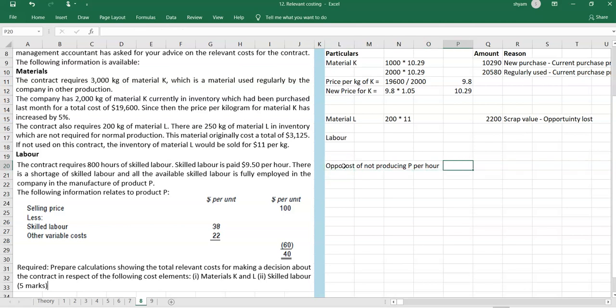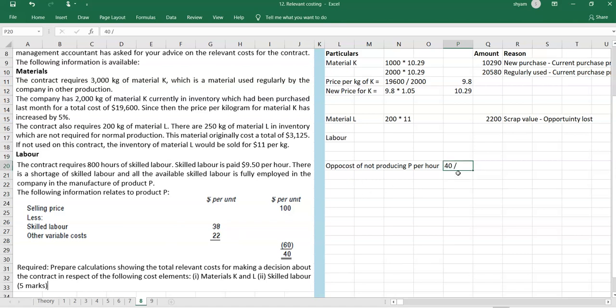So if you see, 40 is the contribution, and how many hours of labor it takes, that we need to know.